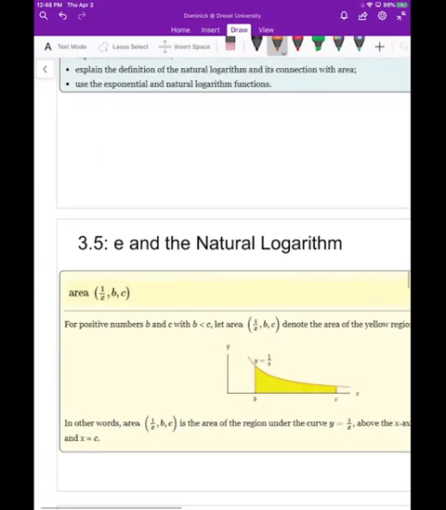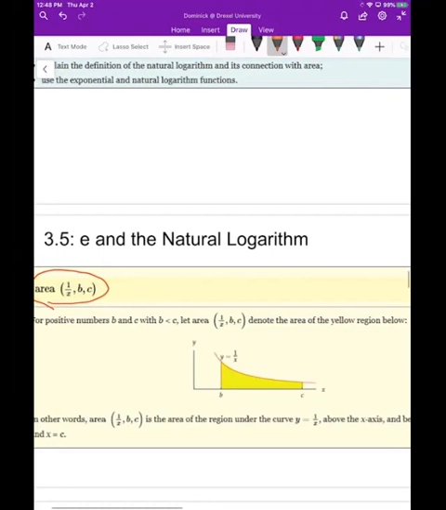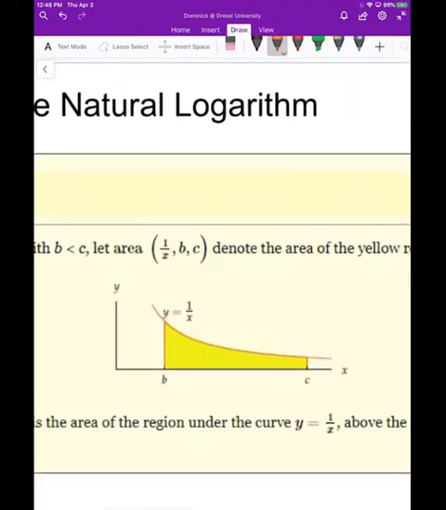Okay, now we're going to define this definition here, all right? So we're going to look at this area of 1 over x, comma b, comma c. What we're going to use this to represent is the area between the curve y equals 1 over x, so that's this orange line here.